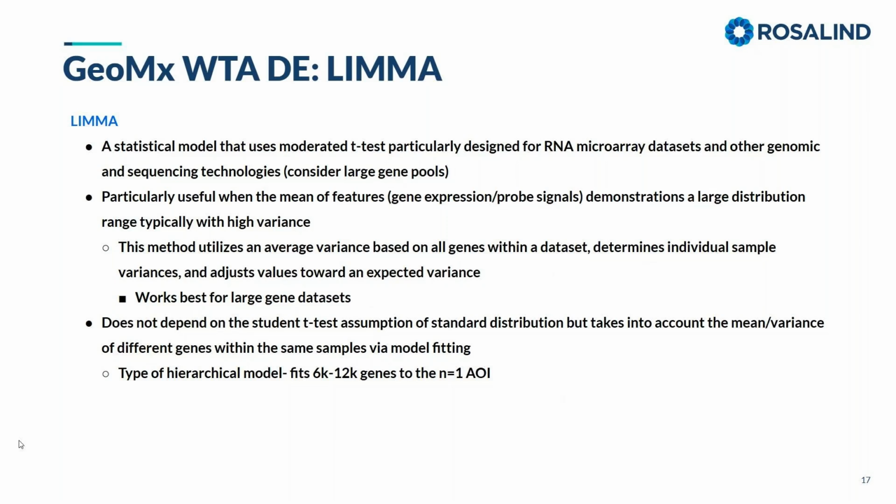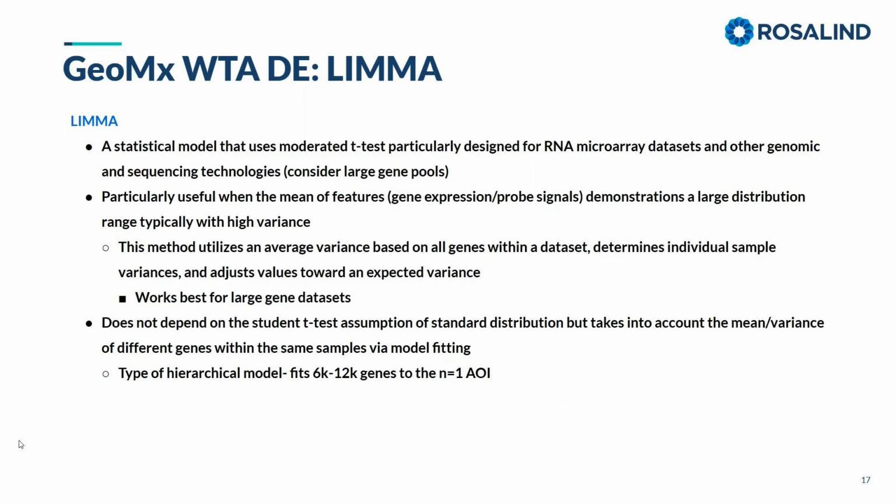And it does not depend on the assumption of standard distribution. So first, it doesn't have an assumption of standard distribution, and it rather takes into account the mean over variance of different genes within the same sample's model fitting. So it essentially creates a model fitting according to the different genes that fit within that same sample.